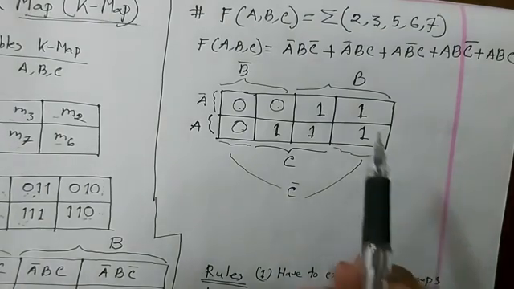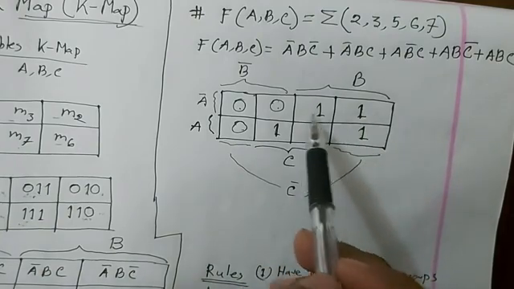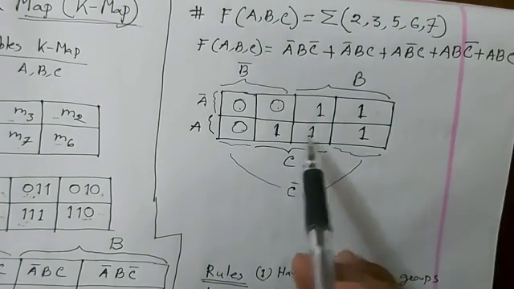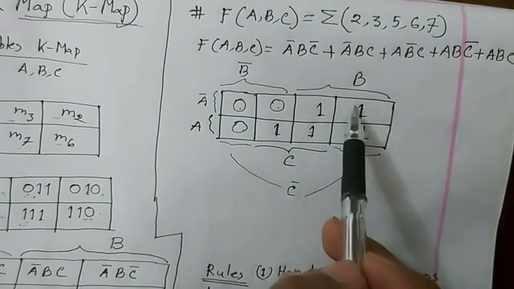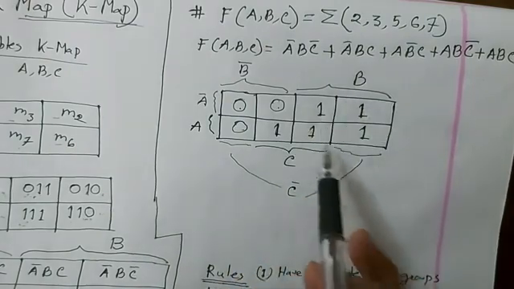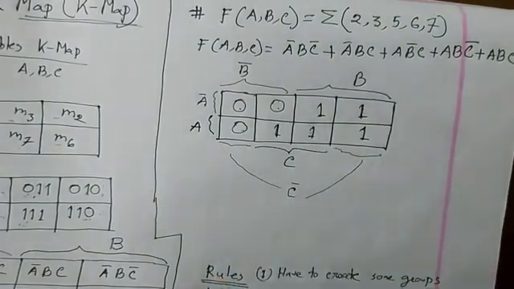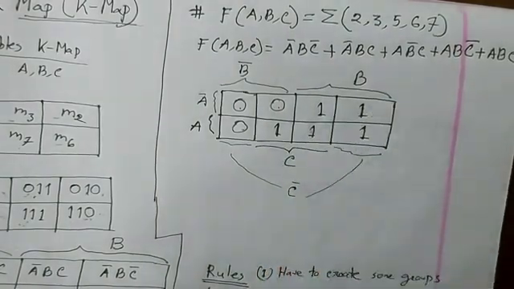Now these 2 ones can make a group, or these 2 ones can make a group, or these 2 ones can make a group, or 1 one can also make a group, or 4 ones can also make a group here. So these are the possible groups we can make.